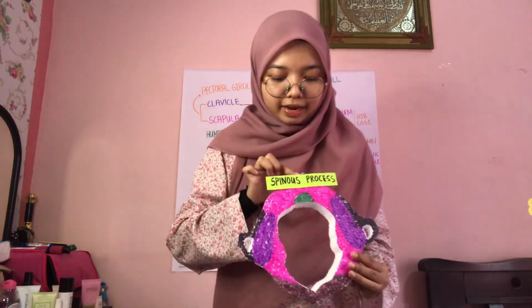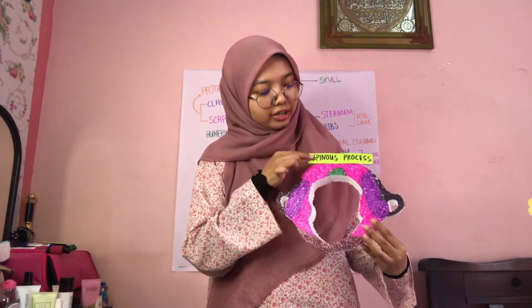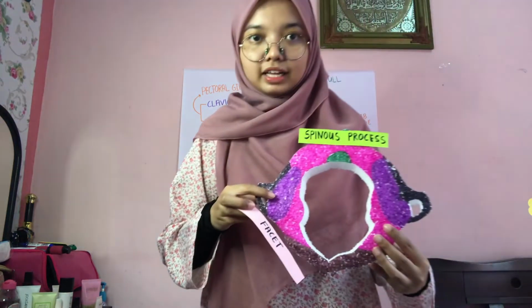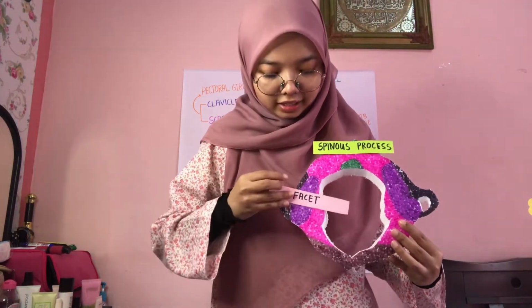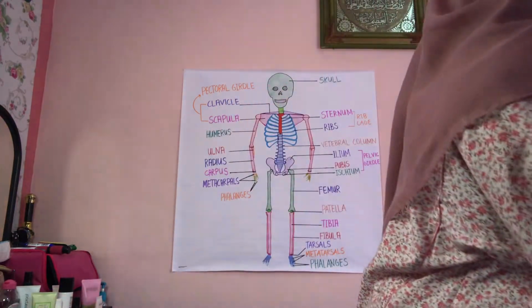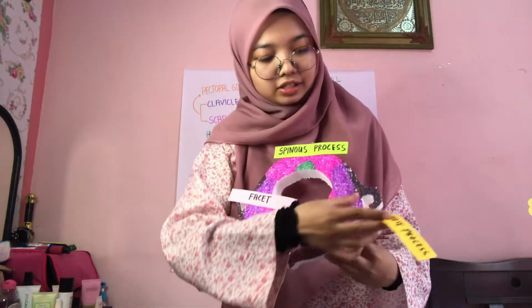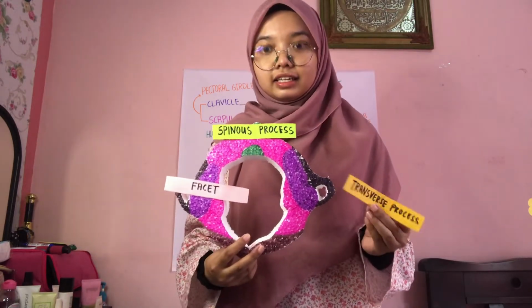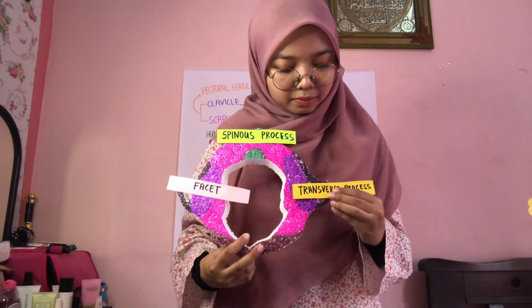The atlas vertebra has a short spinous process, and here the purple one is the facet. And here is the transverse process. Can you see the black one? Yes. The black one is the transverse process.